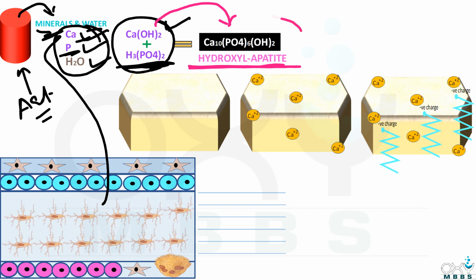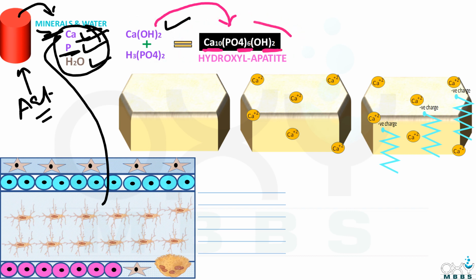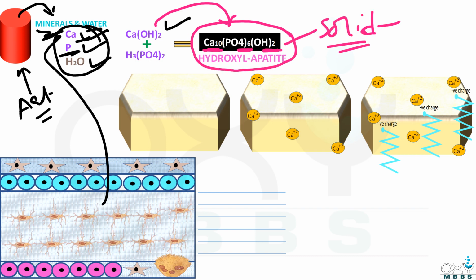So a single molecule of hydroxyapatite contains 10 atoms of calcium, 6 of phosphate and 2 of hydroxyl. And these hydroxyapatites are solid and crystal-like.